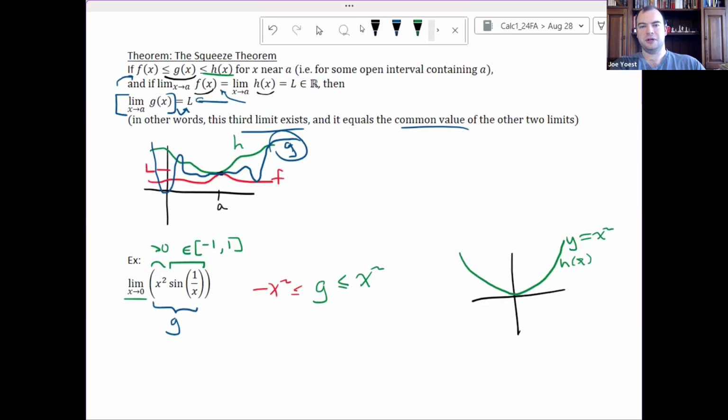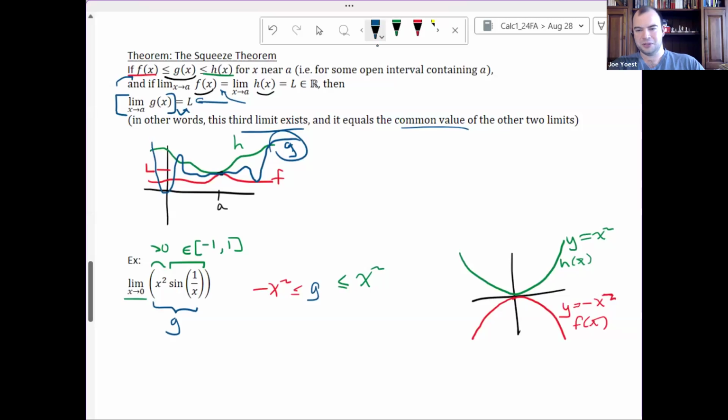Let me fix my coloring on my g. So I also have this function y equals -x squared, looking like this. I'll call this f of x because it's the lower bound on g. And what does g look like?